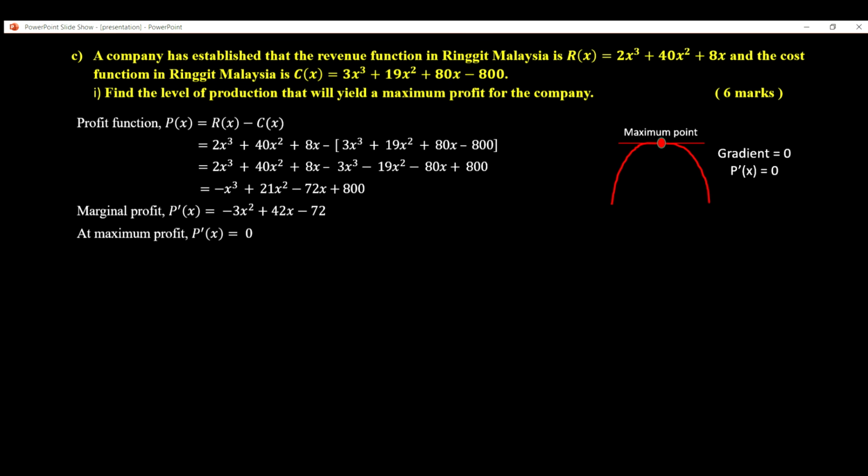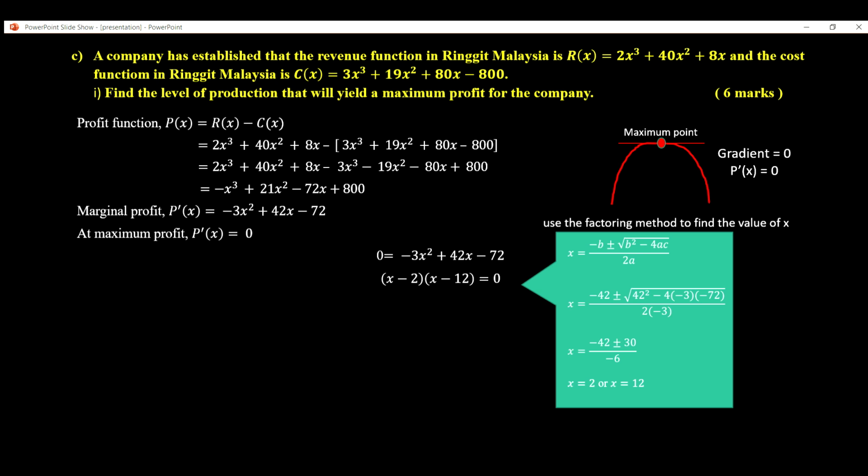At the maximum profit, marginal profit is equal to 0, so negative 3x squared plus 42x minus 72 is equal to 0. We can use the factoring method to find the value of x, and we got two values of x, which are x equal to 2 or x equal to 12.